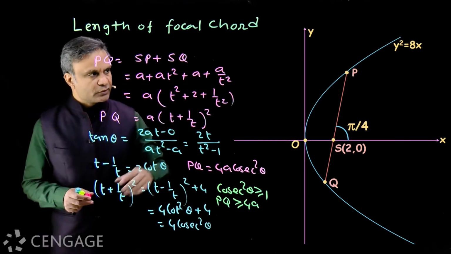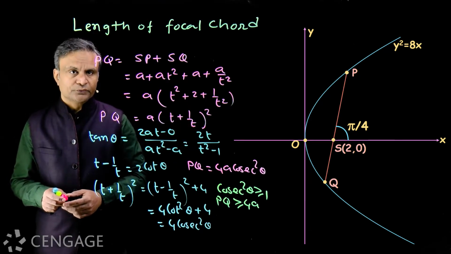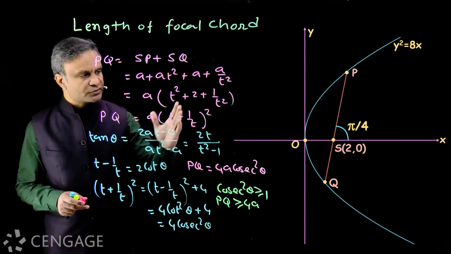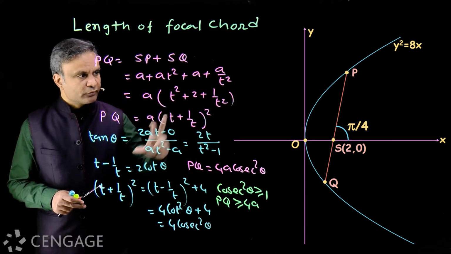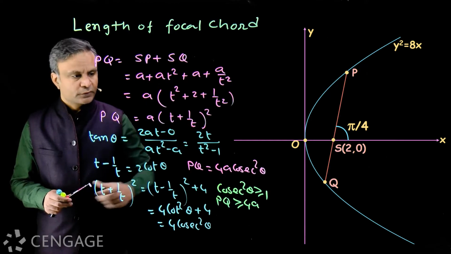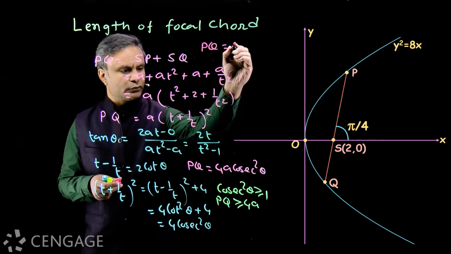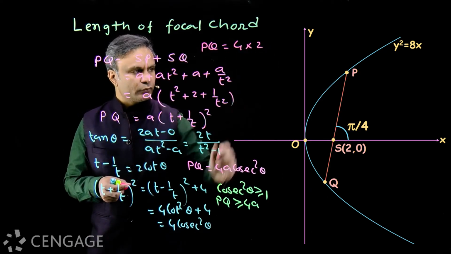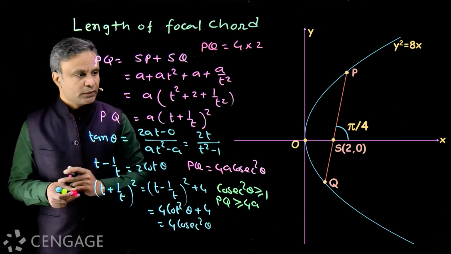Now suppose equation of parabola is y square is equal to 8x and angle theta is pi by 4. Inclination of focal chord with positive x-axis is pi by 4 radians. Okay. Then what will be length of focal chord PQ? Use this formula. We have PQ is equal to 4 multiplied by 2. For parabola y square is equal to 8x, value of a is 2.